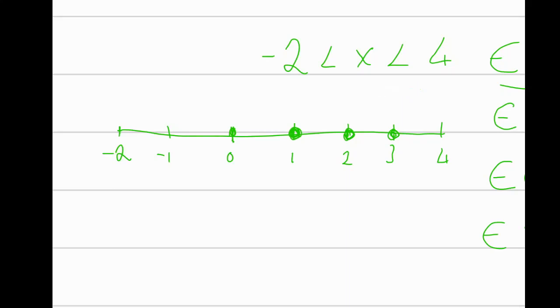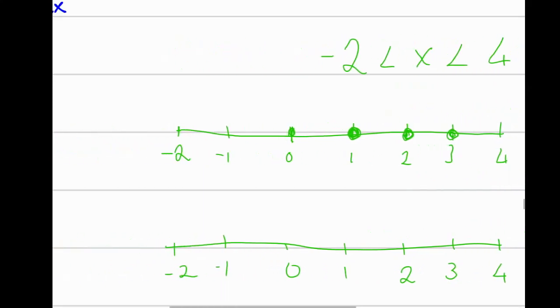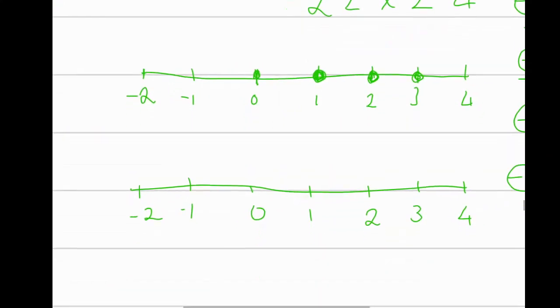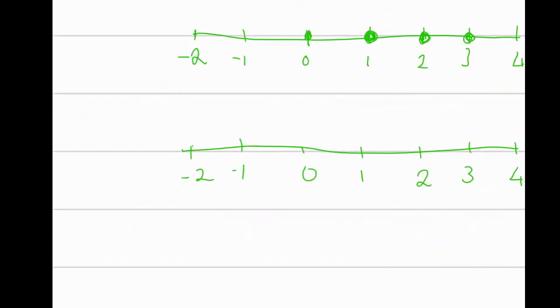That's crucial to remember. Let's consider that we're told that it's a member of the reals. In this case, what are we talking about? If it's a member of the reals and it's greater than minus 2 but less than 4, then we're not including minus 2 and 4.